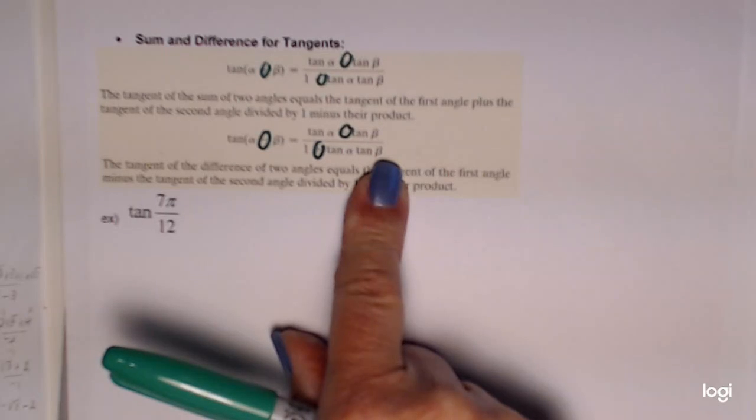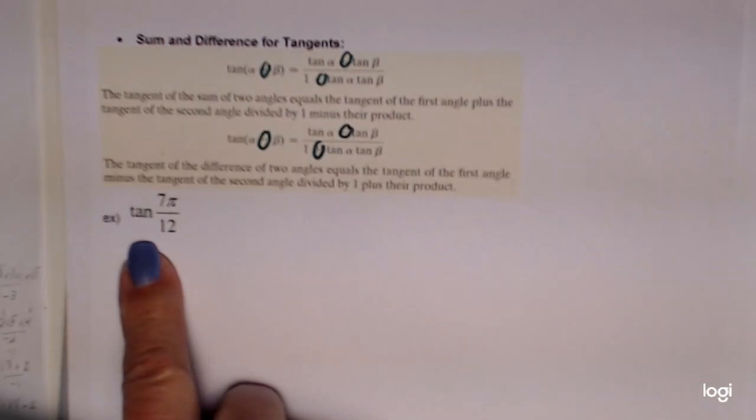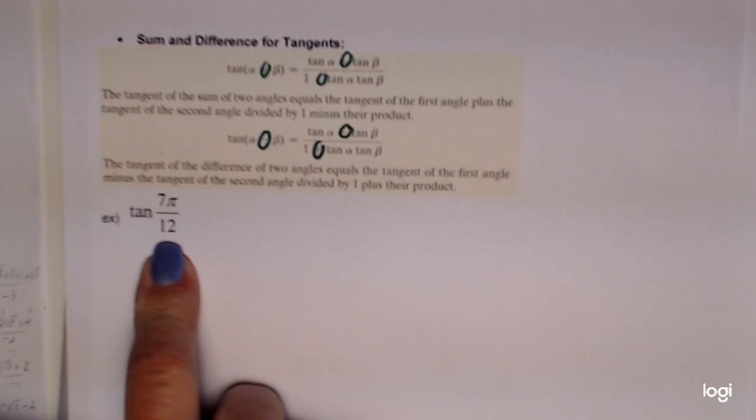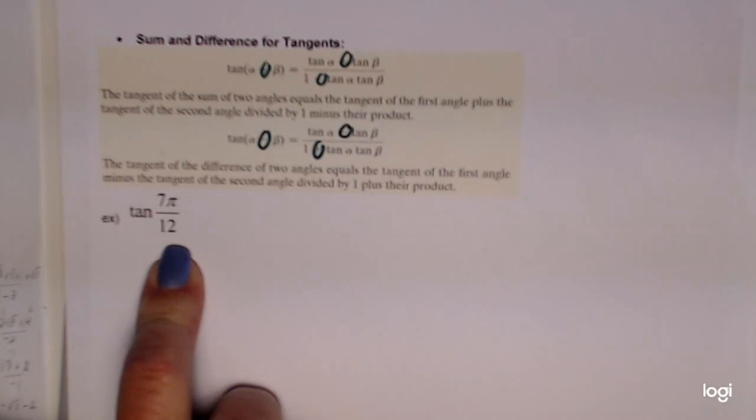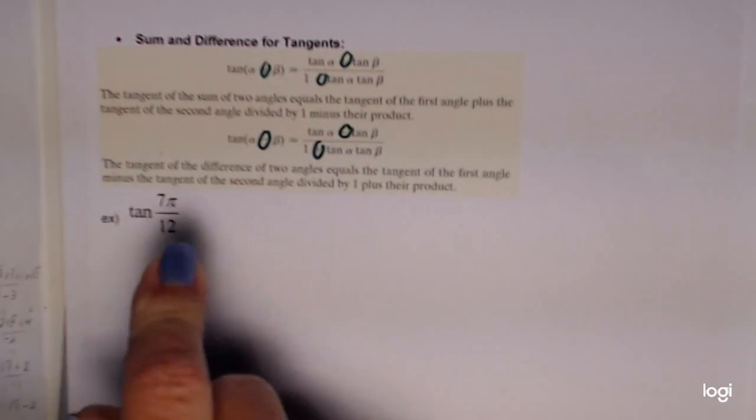Now, taking a look at a reason why we would consider something like that, if we wanted to know the tangent of 7 pi over 12, again in this world where a calamity has occurred and there are no calculators or software to do this, we wouldn't be able to determine what the tangent of this angle is. So we have to think about whether there is a way we can break down 7 pi over 12 into two angles that would give us something that we could evaluate.